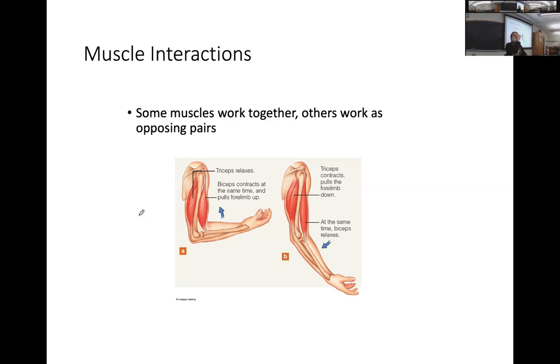One is shortening and one is lengthening, which allows for that movement. You can do the same thing with your quads and your hamstrings. As you sit down, if you lift your knee up, your quadricep is contracting. Maybe you've done that exercise in the gym before where you sit down and you have that bar across your shins and you go like this. Yeah, 150 pounds, 275, anyone? Yeah, lots of quad strength.